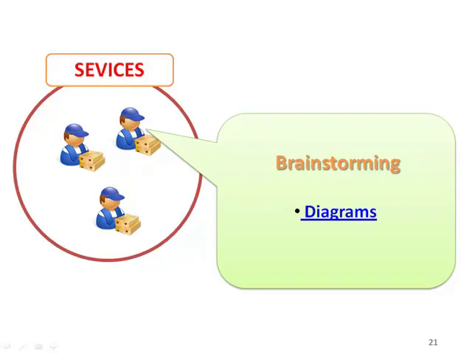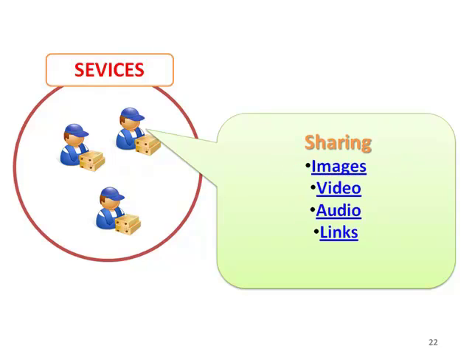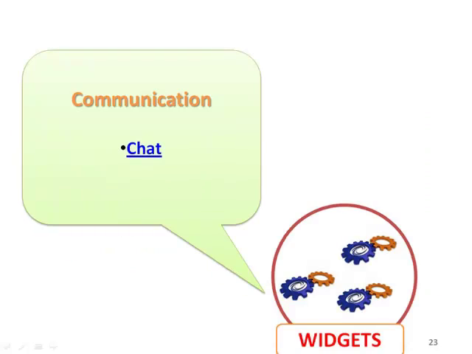We are going to use a diagram service. So you can also use some sharing services. You can share images, video, audio, and links. Also, we will add some tools. They are widgets. We will use a communication tool. This is a chat tool.